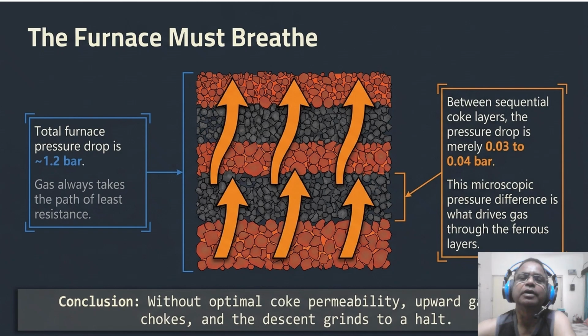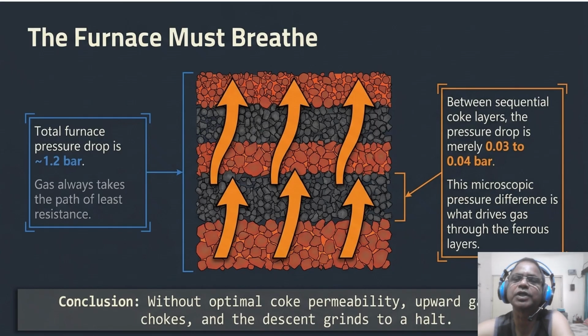Coming to our second slide, which is about the breathing mechanism of the furnace. The blast furnace is a counter current reactor, and its heartbeat is gas flow. Notice the alternate red ferrous layer and black coke layer.